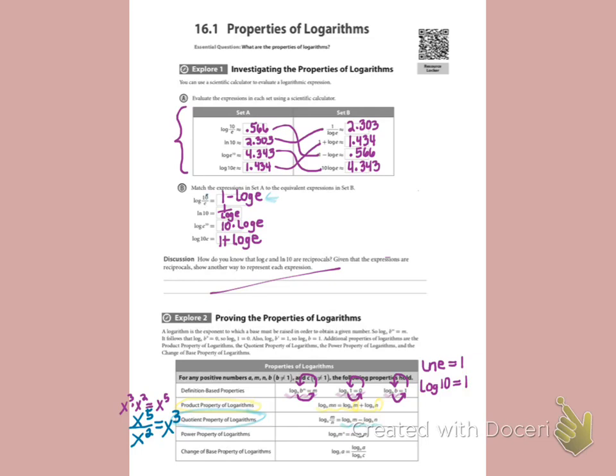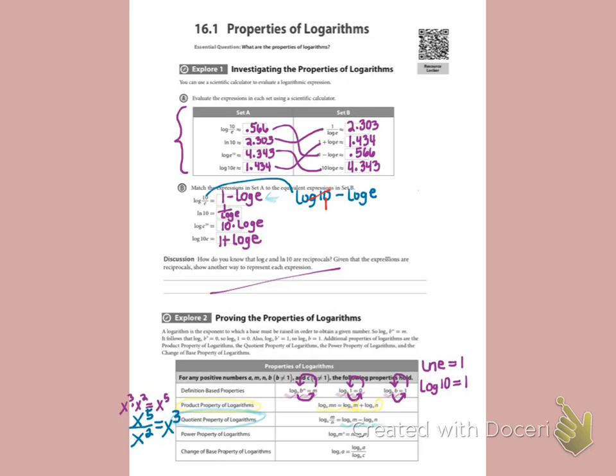So I know that what this has to equal is the log, of course that's base 10, of 10 minus the log of e. I used that property in reverse, and I know that the log of 10 is actually 1, so I could change this to just be 1, and that's where the 1 minus the log of e comes from.